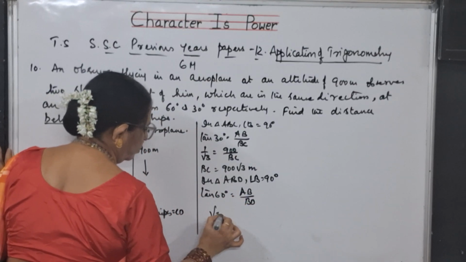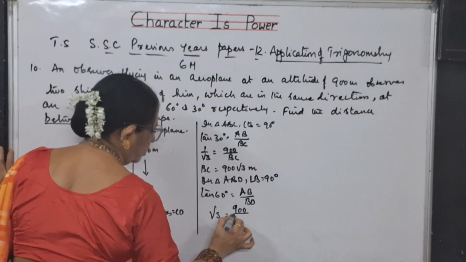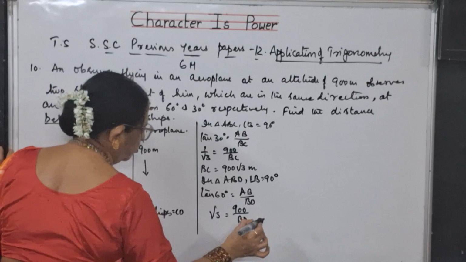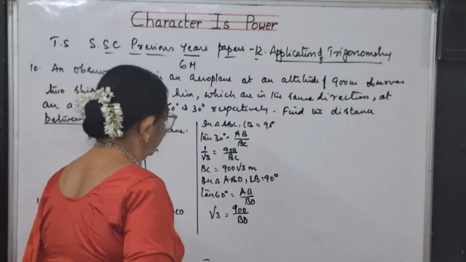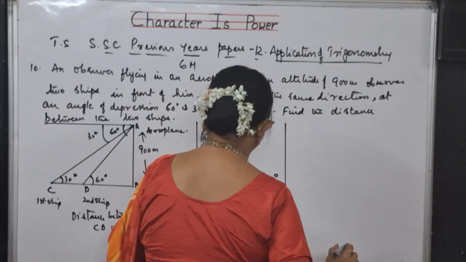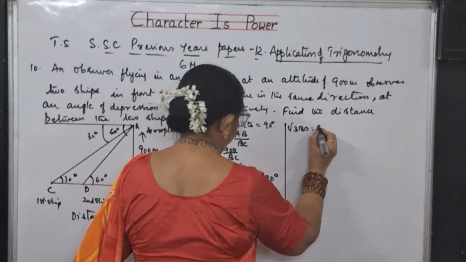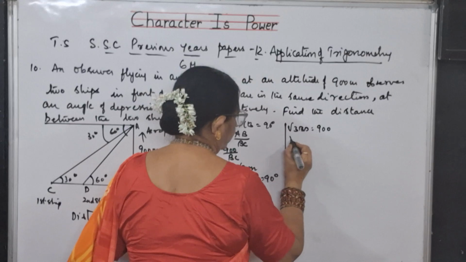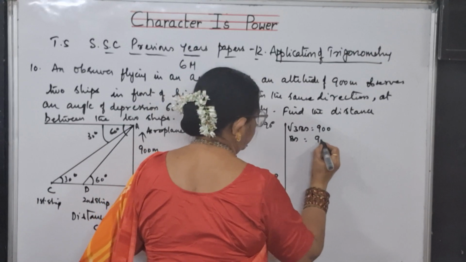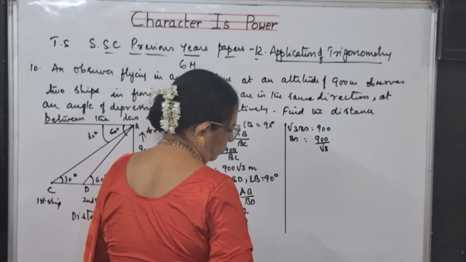That means root 3 is equal to AB, which is 900, by BD. So root 3 BD is equal to 900. So what is BD? 900 by root 3 you will be getting.